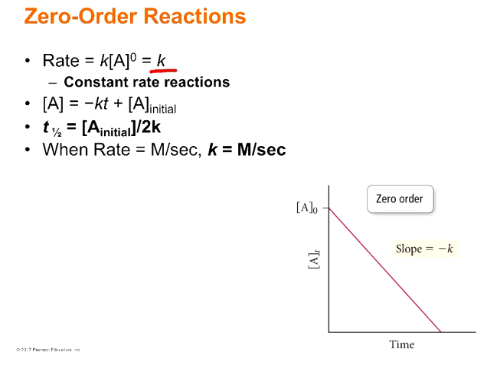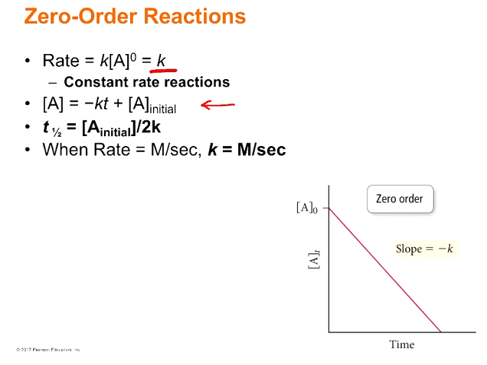Now, you'll notice that we have an expression here where the concentration of A, our reactant, is equal to the negative of the rate constant times time plus the initial concentration of the reactant. Now, this comes from an integration.